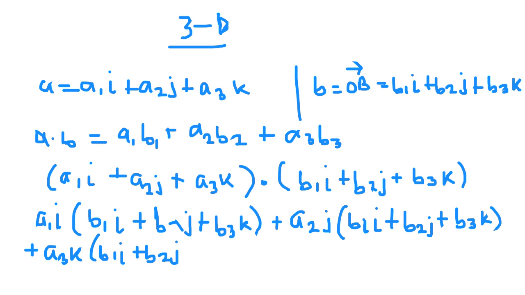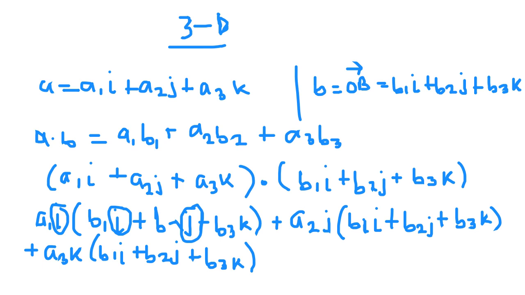Now when you do this expansion, the most interesting part is I multiplied by I, from the property that we know about scalar product. I dot I is 1. I multiplied by J, I dot J is 0. I multiplied by K, I dot K is 0.